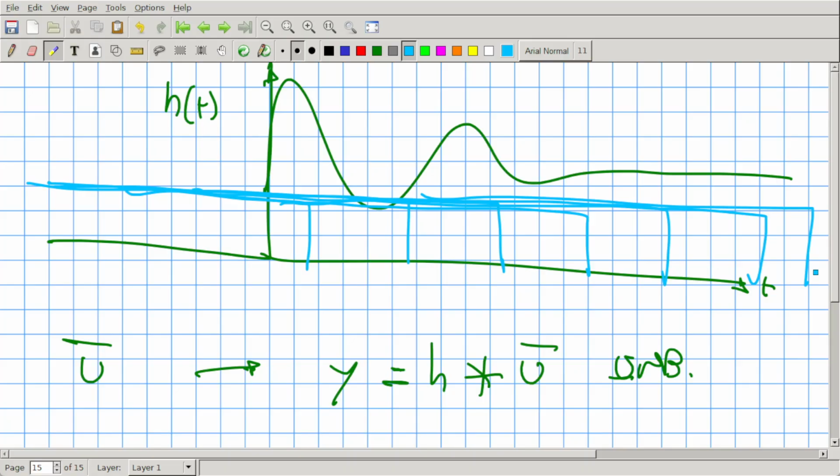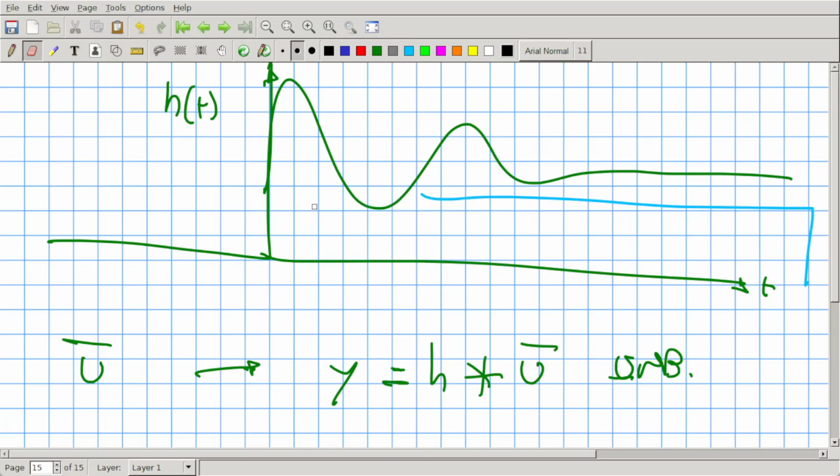What would you tell me? What would be a super easy input that makes me see that the bounded input leads to an unbounded y? A step. A step as an integrator. True. The step works very, very often whenever we have this type of offset or something that goes down like 1 over t.